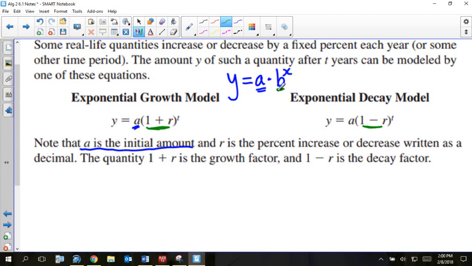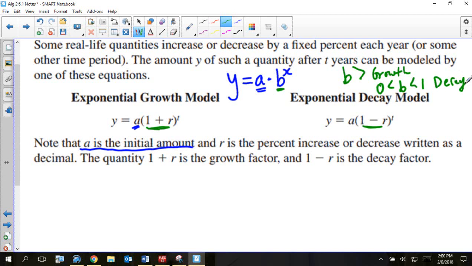Remember, if B is greater than 1, it's growth. That's why growth looks like 1 plus R. If B is between 0 and 1, it's decay. And that's why the B here is 1 minus R.